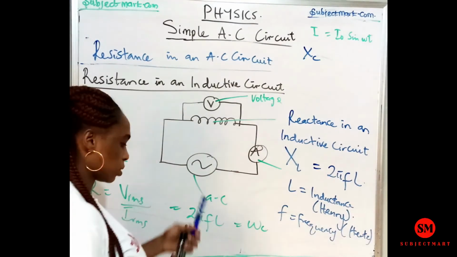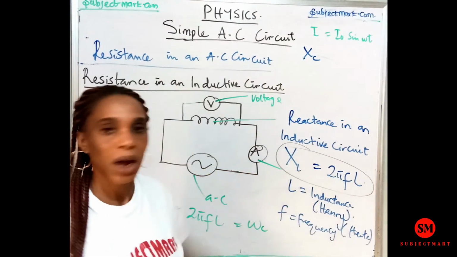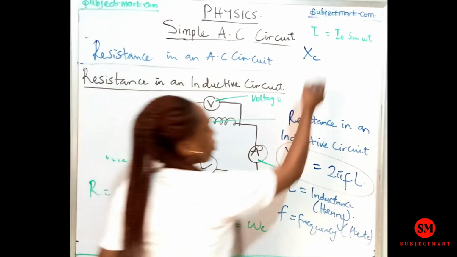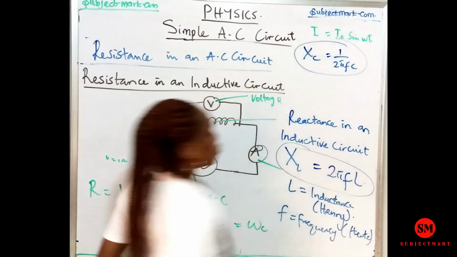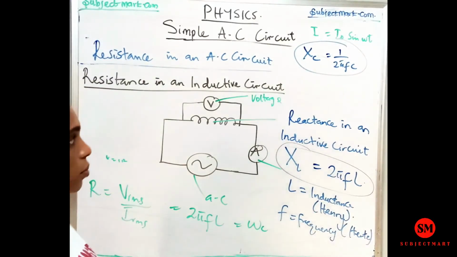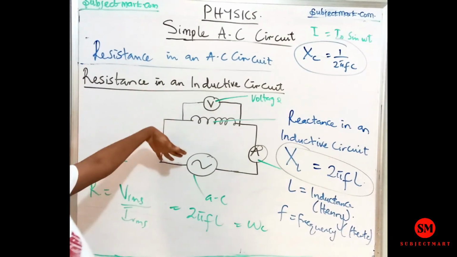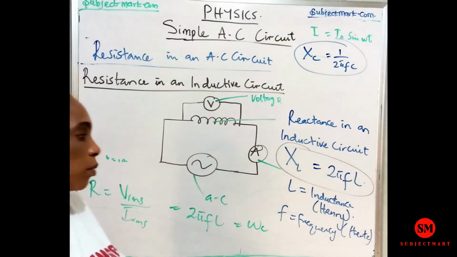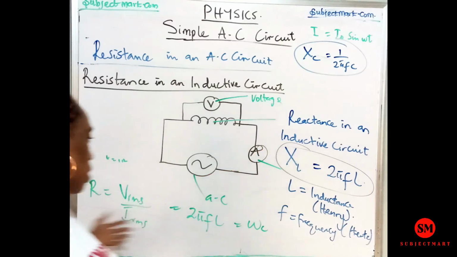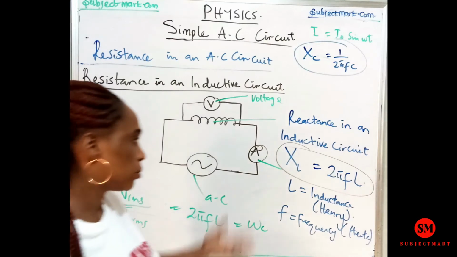So please, very important, you don't mix this up. This is inductive reactance, while this one up here, 1 over 2 pi FC, is capacitive reactance. This is for a capacitive circuit, the one I treated earlier. And for the inductive circuit, we have XL equals 2 pi FL as our reactance. And another name for reactance is resistance, opposition to current flow in a circuit.